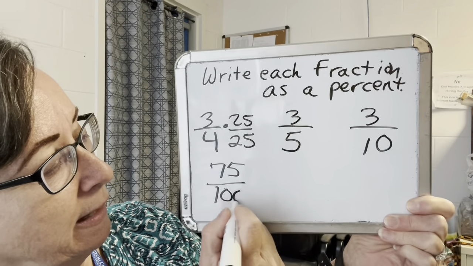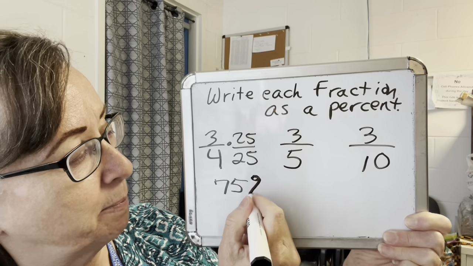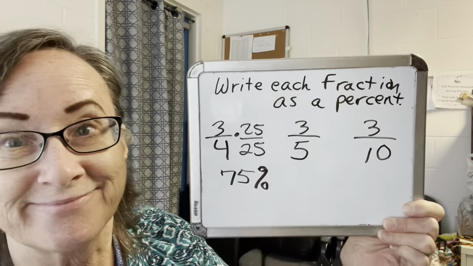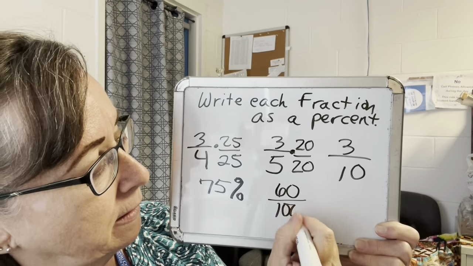Once we get it into that form, then to make it a percent, all we do is take off the 100 and put on the percent sign. Okay, so 3/5. What would I have to multiply 5 by to get to 100? I would have to multiply by 20. So I'm going to multiply by 20 over 20, which gives me 60 over 100.